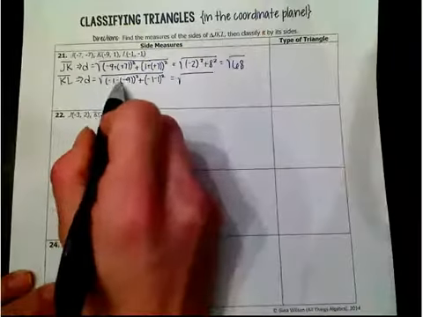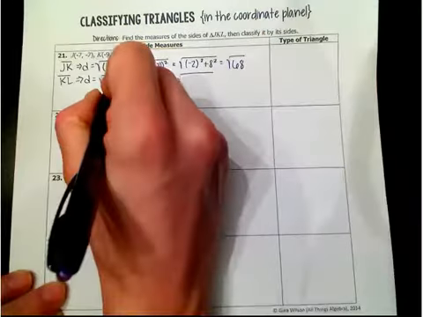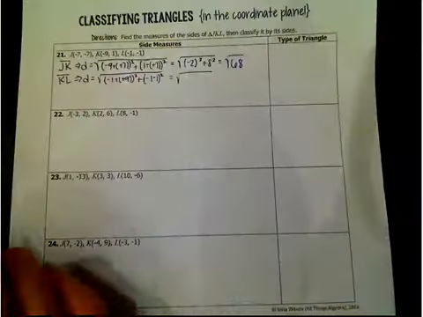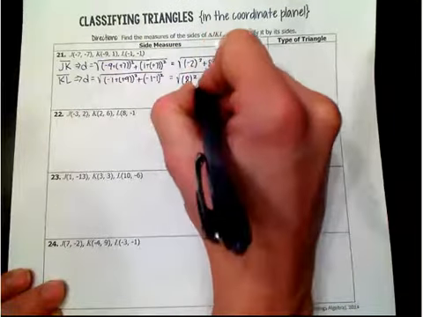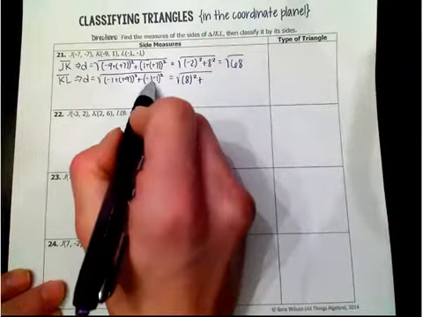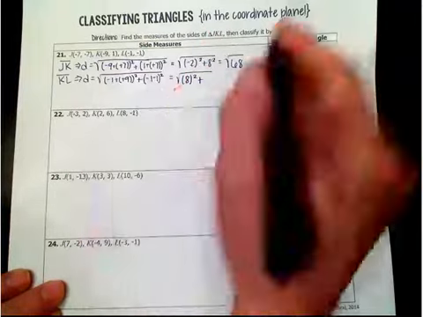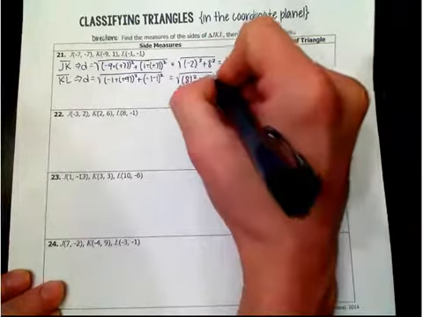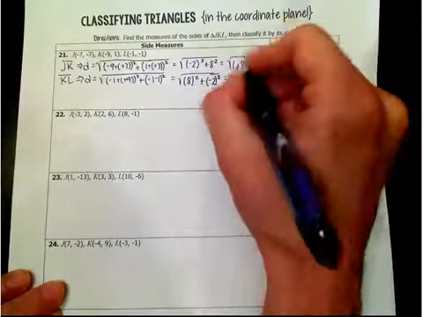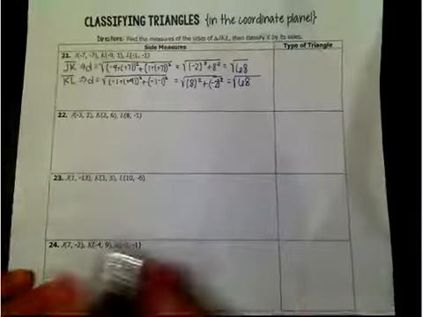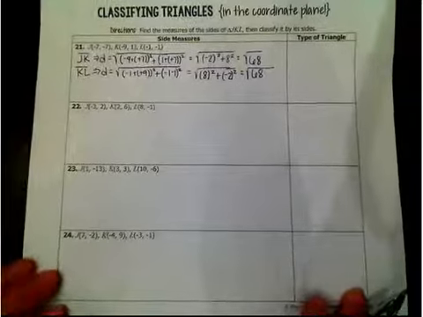So -1 minus -9 is -1 plus 9. So this is going to be 8 squared plus, this is -1 minus 1, which is -2. -2 squared, which is also 64 plus 4, which is 68. So I know this triangle at least has 2 congruent sides.